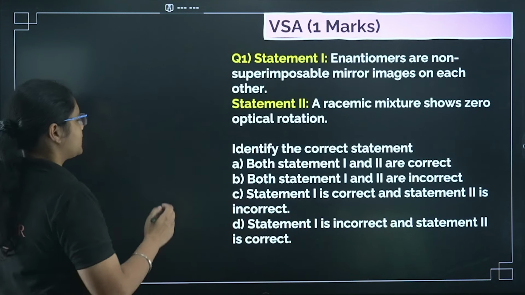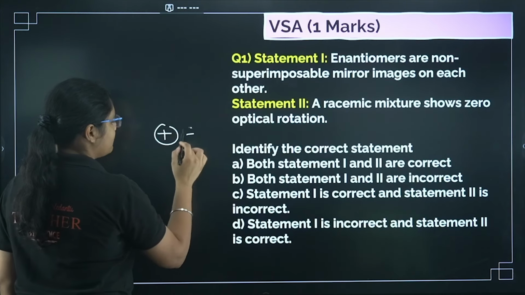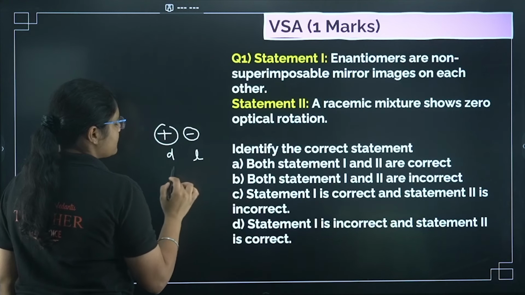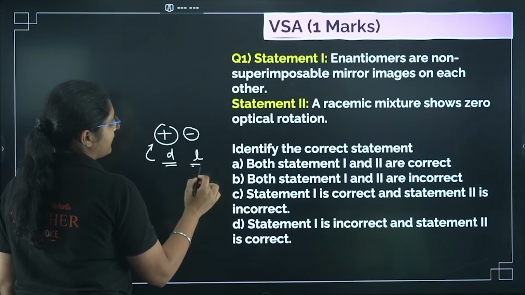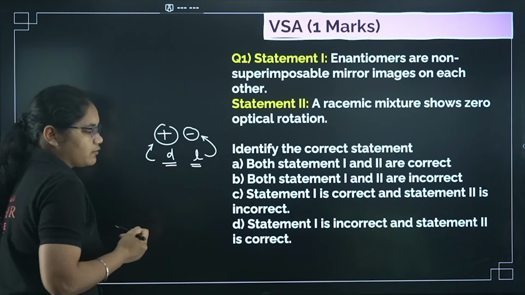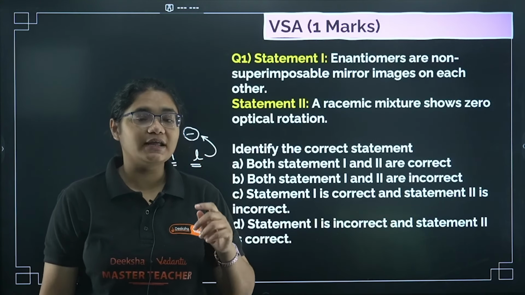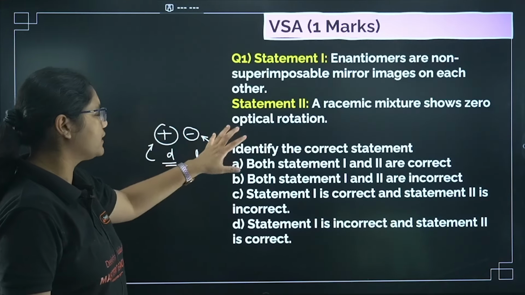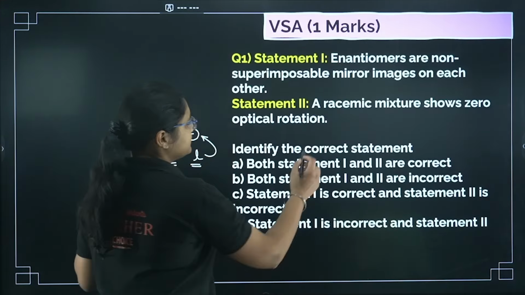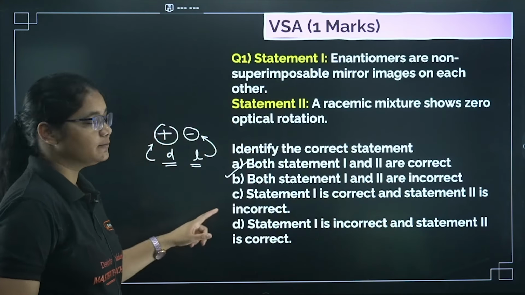A racemic mixture contains equal proportions of both enantiomers, plus and minus, or D and L. If D rotates the plane polarized light in the clockwise direction, L will rotate it in the anti-clockwise direction. That is why both isomers are present in equal amount, and it shows zero optical rotation. So this statement is also correct, and option A is the correct answer.